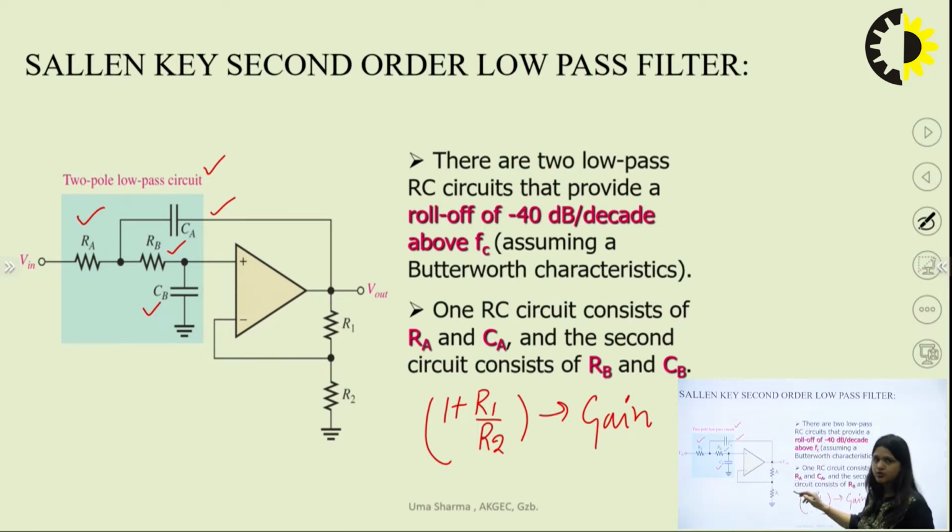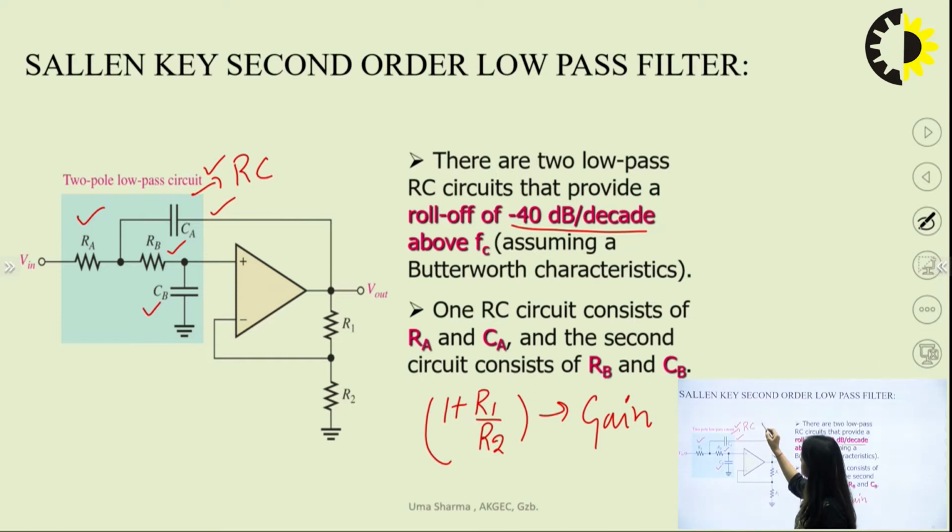For a single pole, the gain roll-off rate is 20 dB, so for 2 poles, it is 40 dB per decade. This is known as the RC circuit. The input is connected with RA and the feedback is the capacitor.